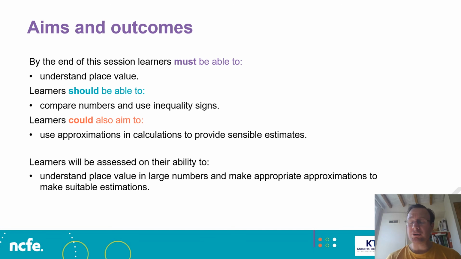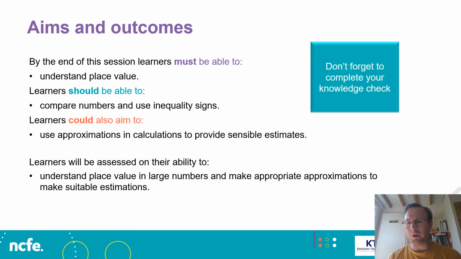We used approximations to calculate some simple calculations, the sort of thing you might do in a shop or while dealing with simple fitness tests. And then we used a slightly more complex one to look at training load in a real life situation. So all you've got left to do now is complete your knowledge check questions.